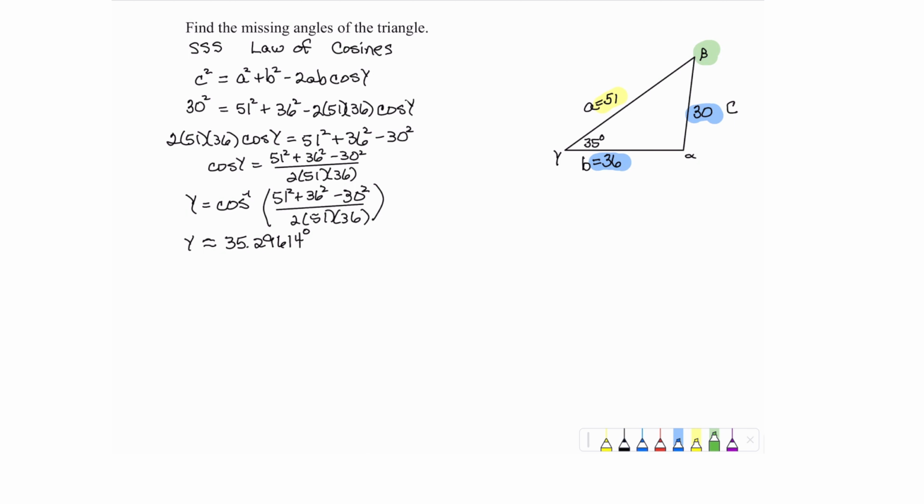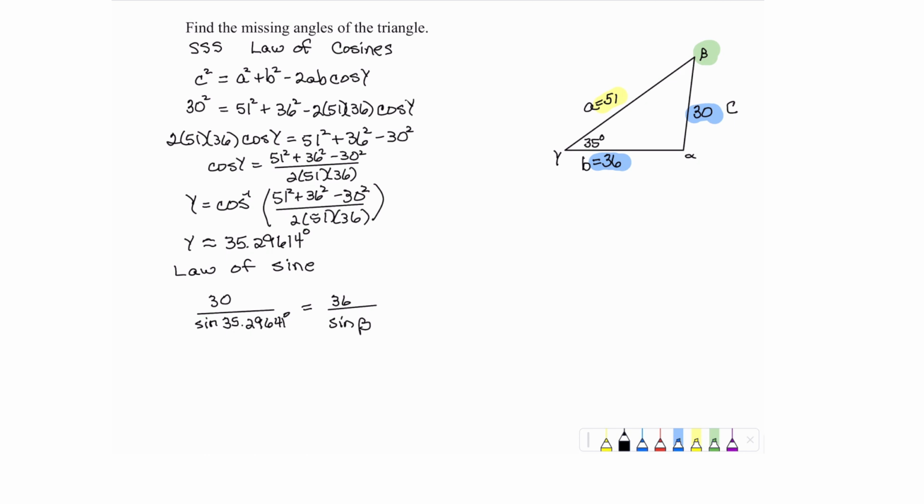If I do that, I can go ahead and use the law of sines. By the law of sines, I have that pair of information, C and gamma. So 30 is to the sine of 35.29641 degrees as 36 is to the sine of beta.